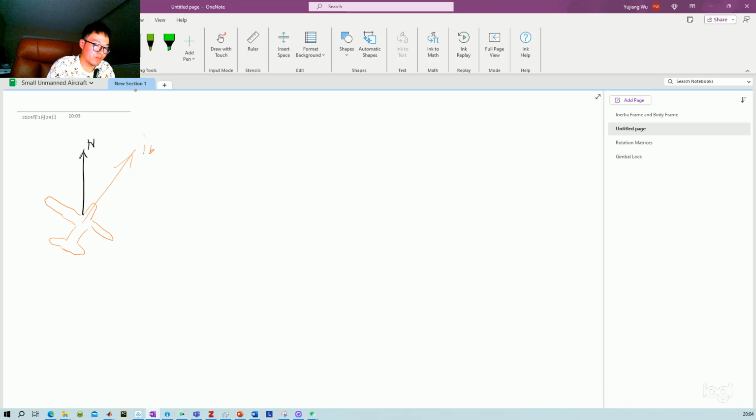If you don't know the body frame, you can review the first video. And this is your jB, which is your y-axis in the body frame. And then the yaw angle is defined as the Greek letter psi. It's pronounced psi.